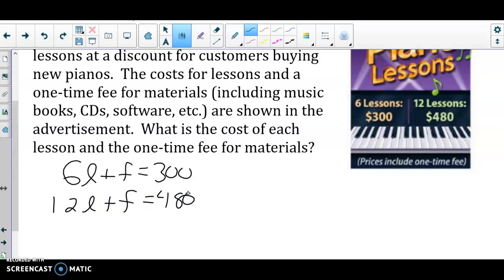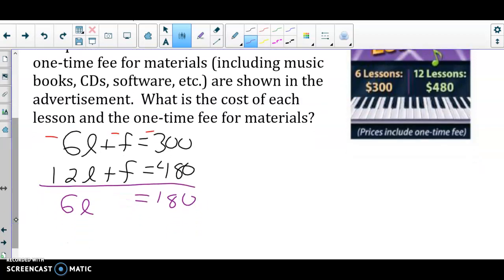Well, I'm going to do elimination, and ooh, I could do this the easy way. How about I just take this top one and multiply it through by -1, because when I add those, I can add down and say that 6L has to equal 180. Sweet. Okay, this will be nice and easy.